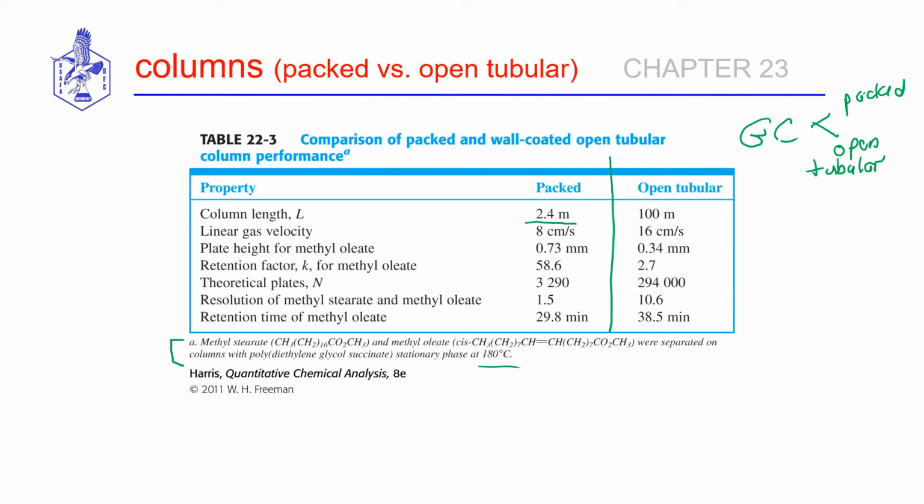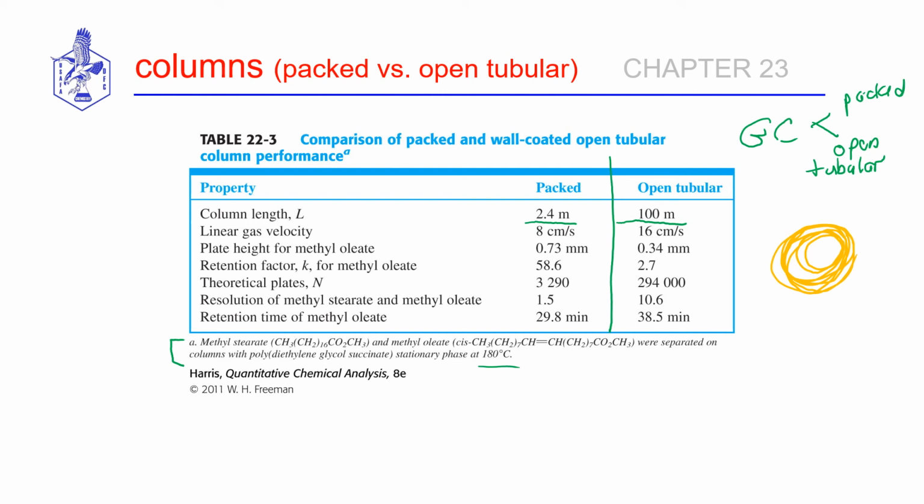So once again, this is GC, not LC. Open tubular columns are incredibly long. The outer casing is a thin metal, and what they do to make it efficient and fit in the instrument is they wind this thin metal time and time again, and so it sits efficiently in the instrument.